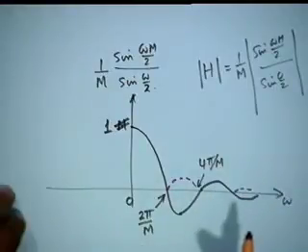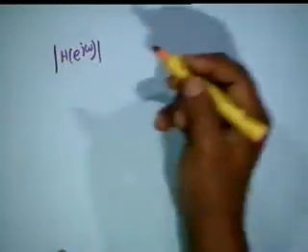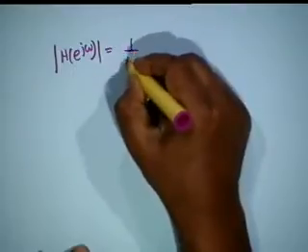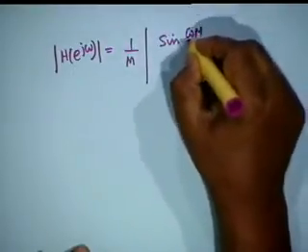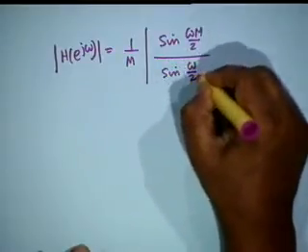Okay? And therefore, the magnitude and phase of the frequency response can be written like this: the magnitude of H(e^{jω}) is equal to 1 over M, as I had written earlier, sine of ωM by 2 divided by sine of ω by 2.